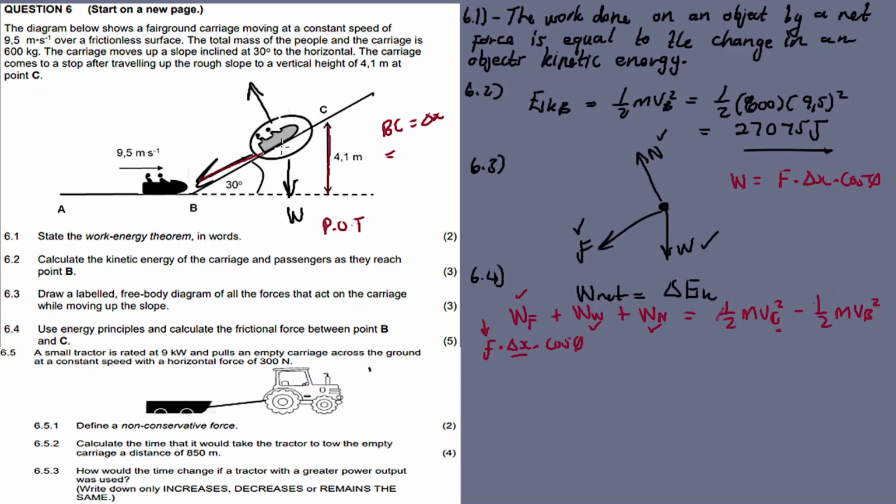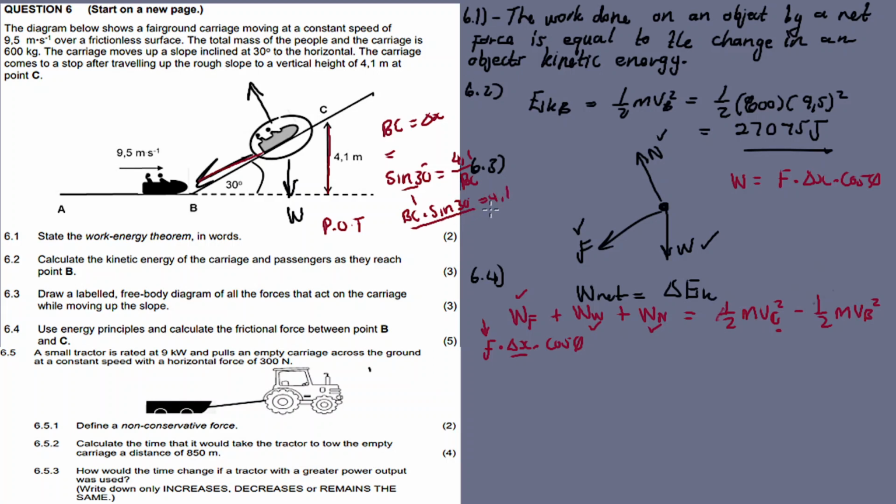Opposite over hypotenuse, so sine 30 degrees is equal to opposite, which is 4,1 divided by hypotenuse, BC. Cross multiply, ngithola ukuthi it's BC sine 30 degrees is equal to 4,1, right?